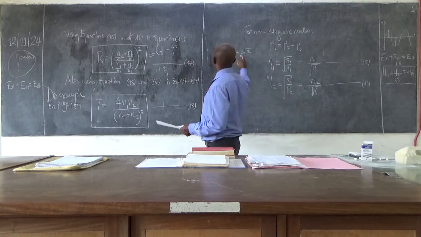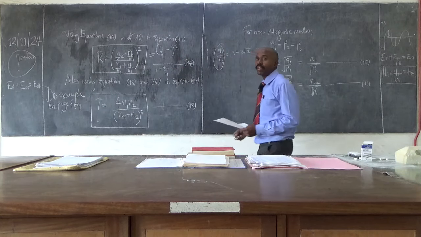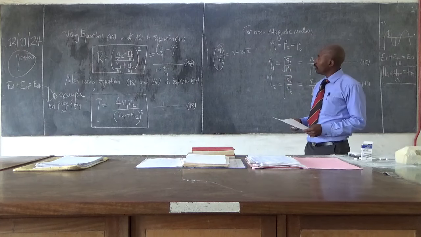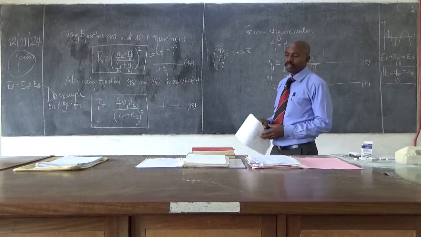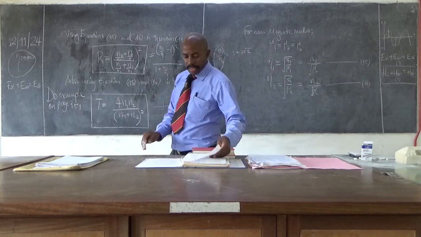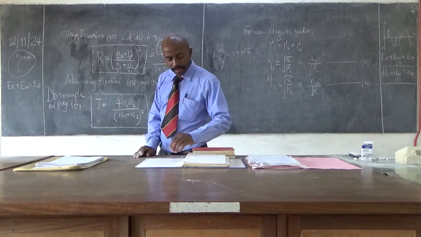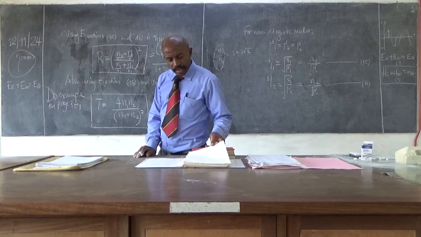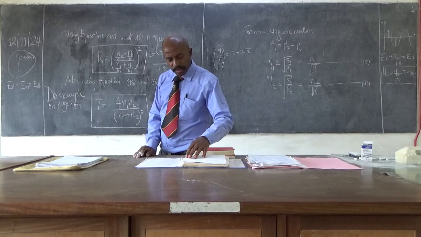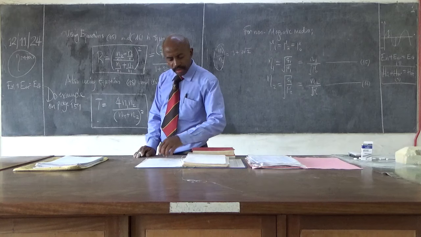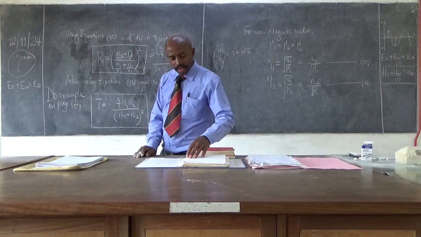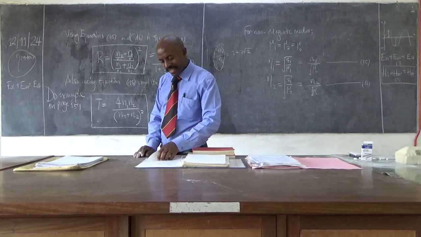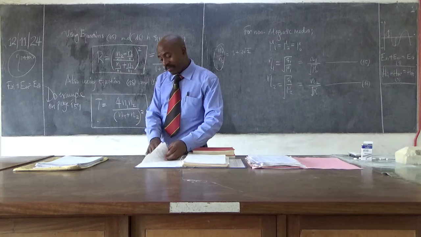This one is the reciprocal of the ratio, which is 3 minus 2 root 2. Then you substitute in, and the reflection coefficient will end up being 0.5. The transmission coefficient will be 1 minus 0.5.